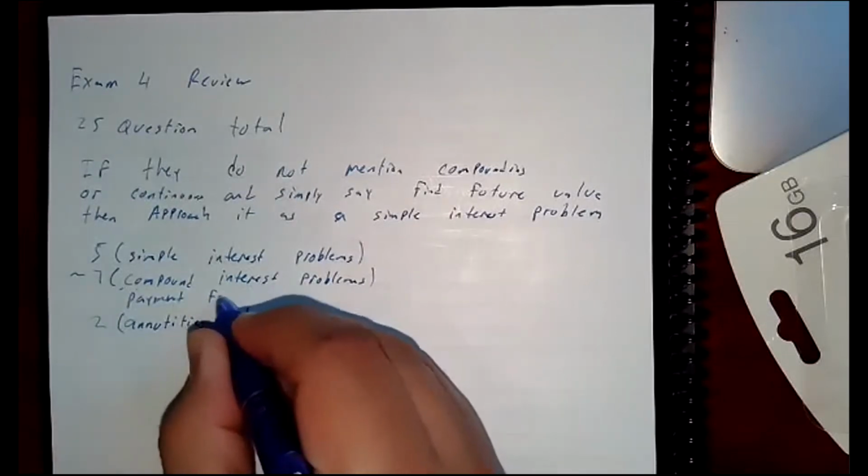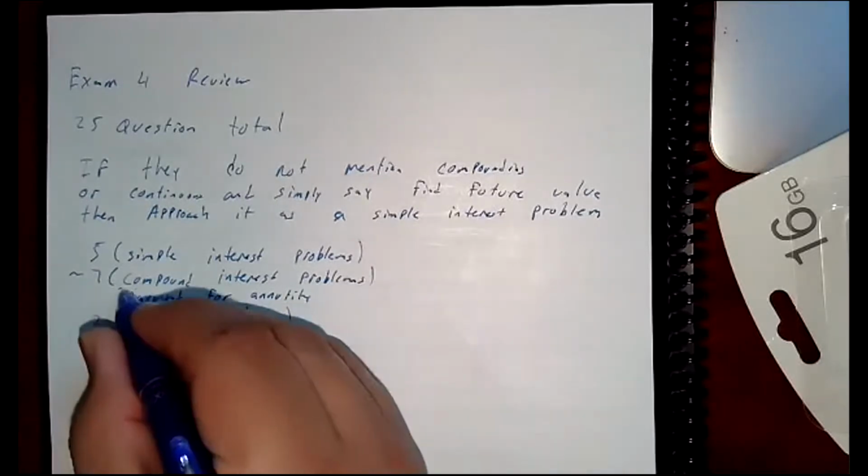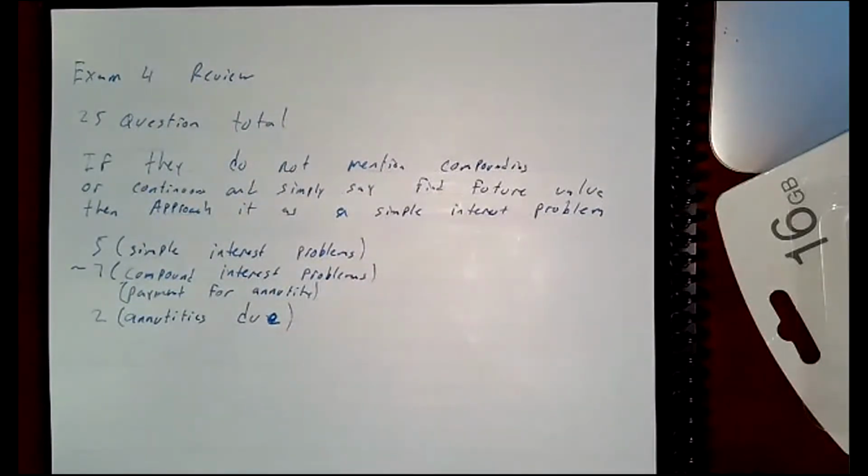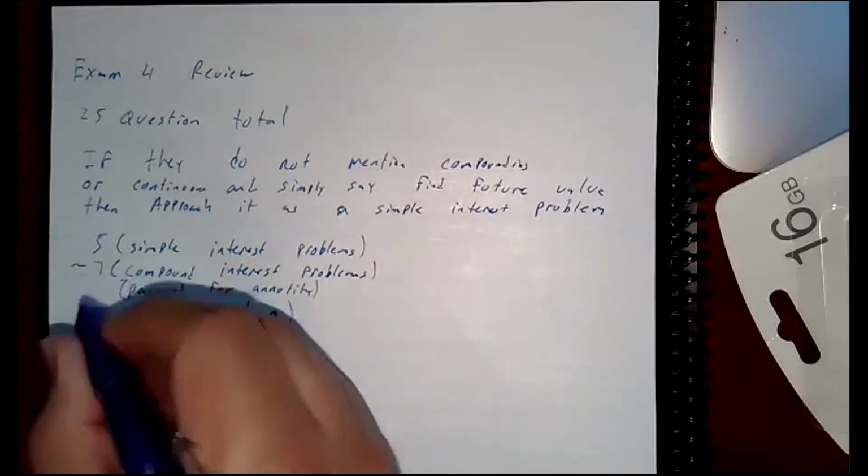Payment for annuity. There's a couple where they ask just for the payment amounts, like what is your monthly payment, etc. So that would be 1, 2, 3, 4, 5, 6. About 6 of these.